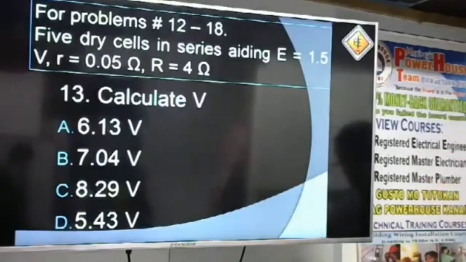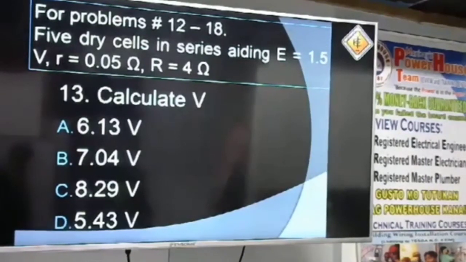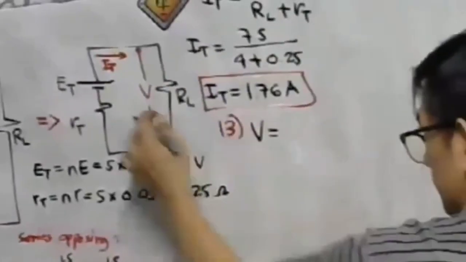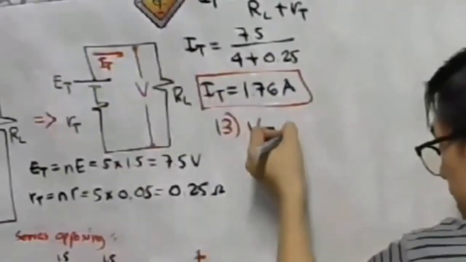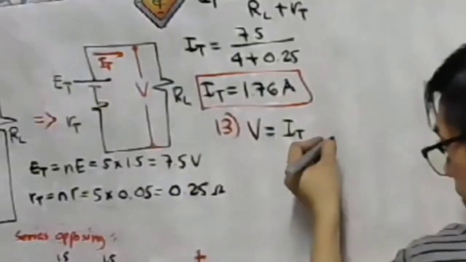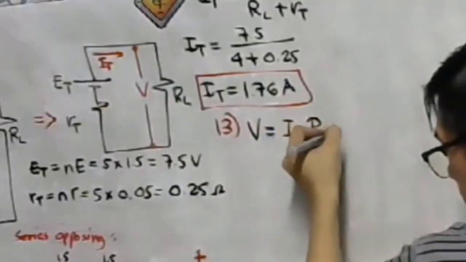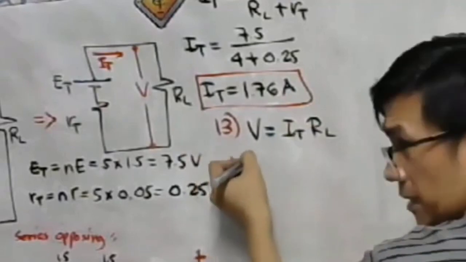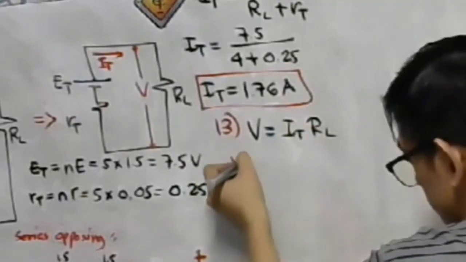What is the total load voltage? Total load voltage, for number 13. Take a look here at our PowerPoint, the total load voltage in our circuit. V is simply equal to the I total multiplied by R total. It is simply Ohm's law. So this is our V total actually.